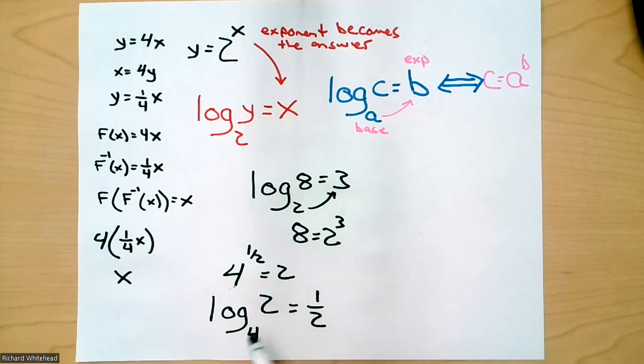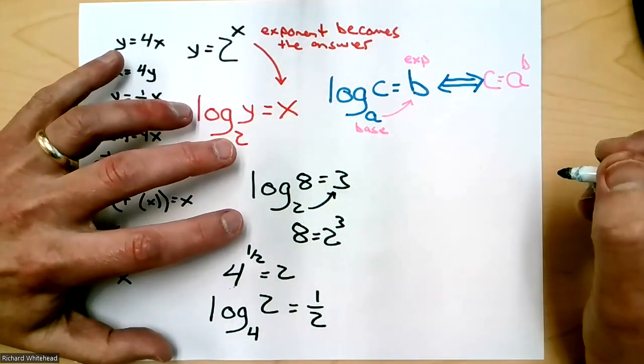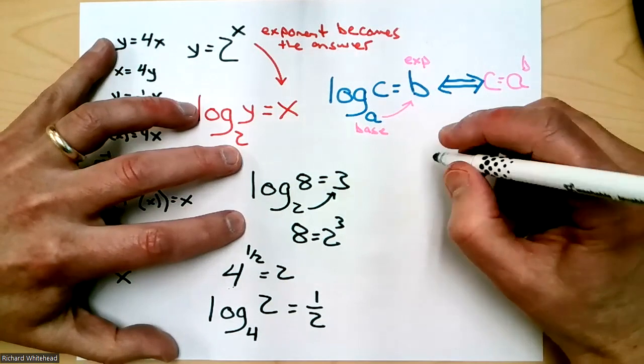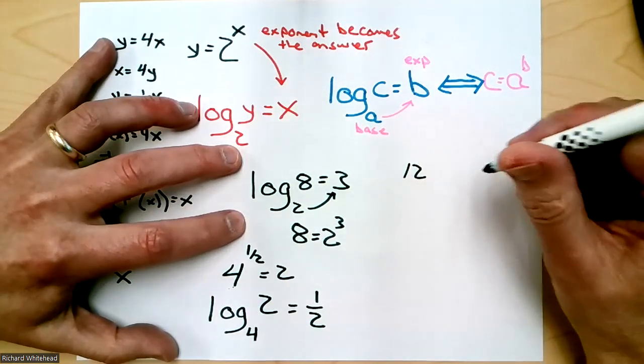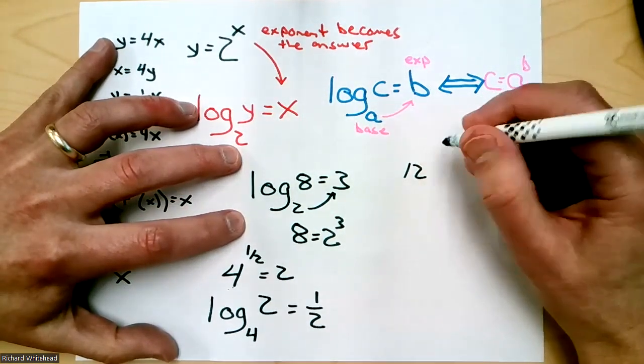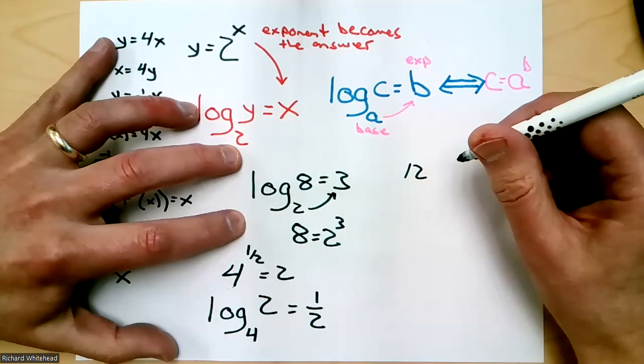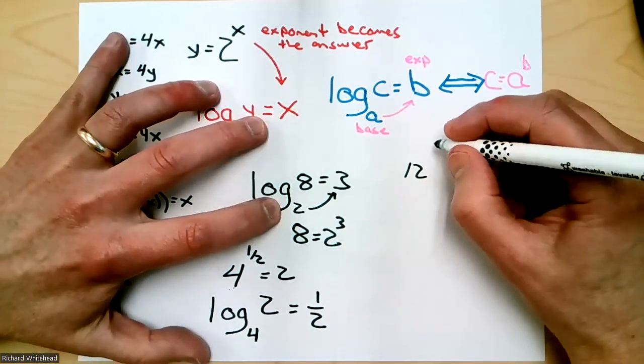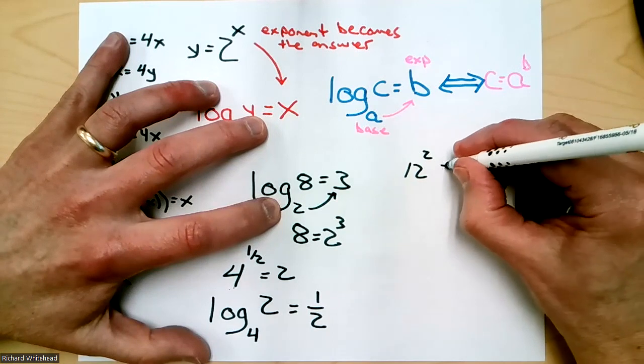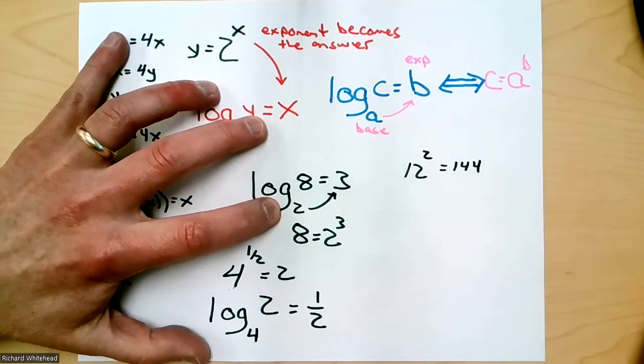So what it amounts to is on worksheet 2, you're just going to be converting back and forth a lot between logs and exponents just to get the hang of it. So you're going to have things like 12 to the 2 power is equal to 144.